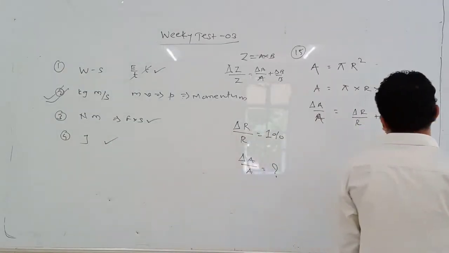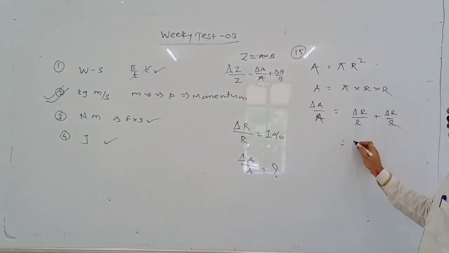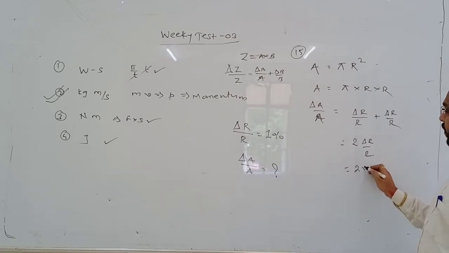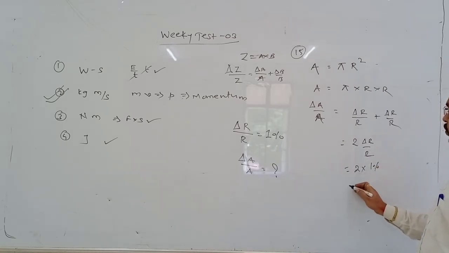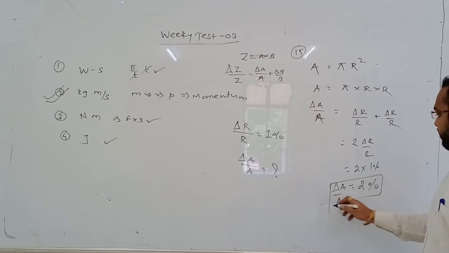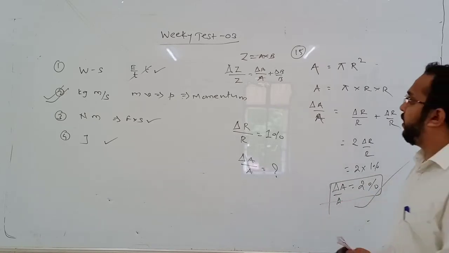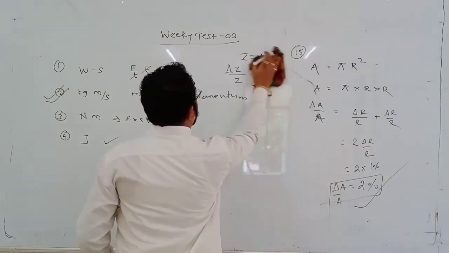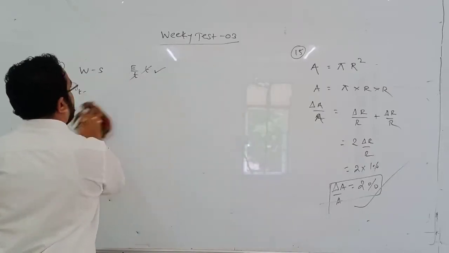So now it is delta r by r plus delta r by r, so I can write 2 into delta r by r. Delta r by r is 1%, so 2 into 1 will be 2%. So the answer, delta a upon a, will be 2%. Okay, so this is question number 15. Next, question number 16.